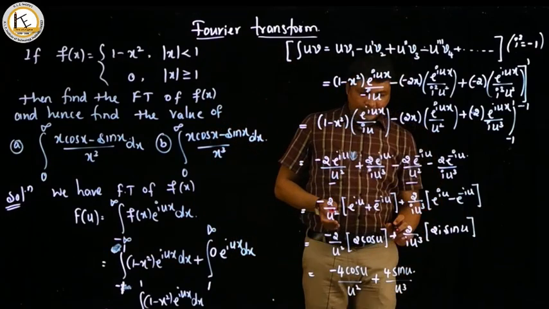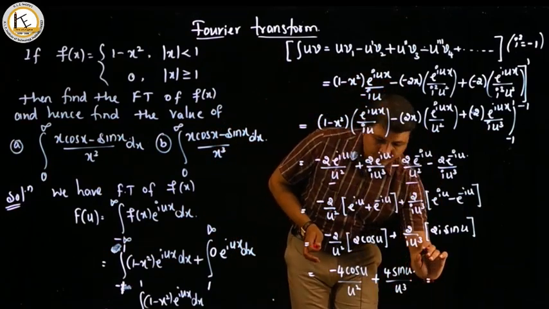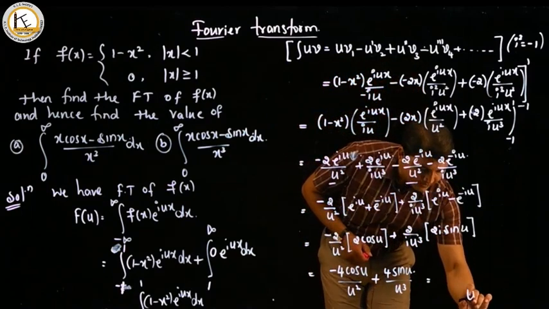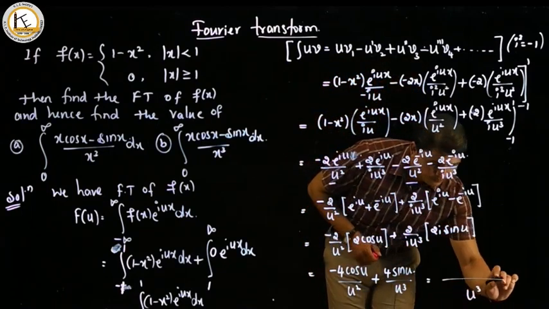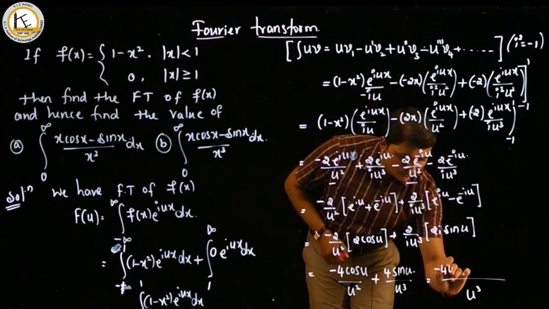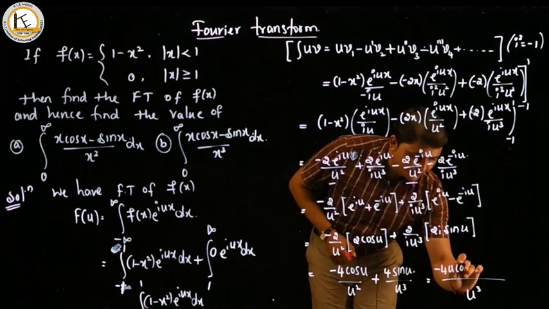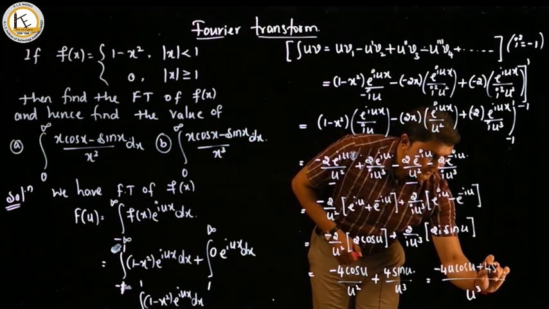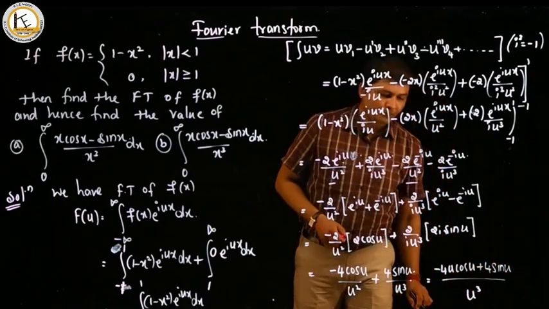Later we can take an LCM here. Obviously the LCM will be u cube. That time it becomes minus 4u into cos u plus 4 sin of u.